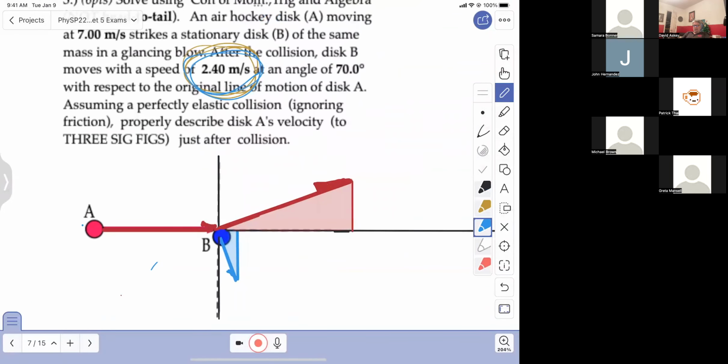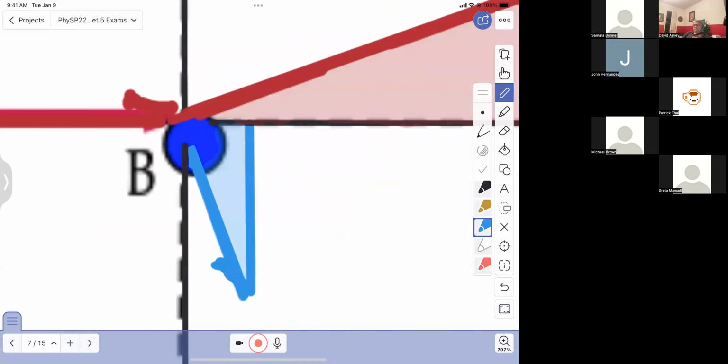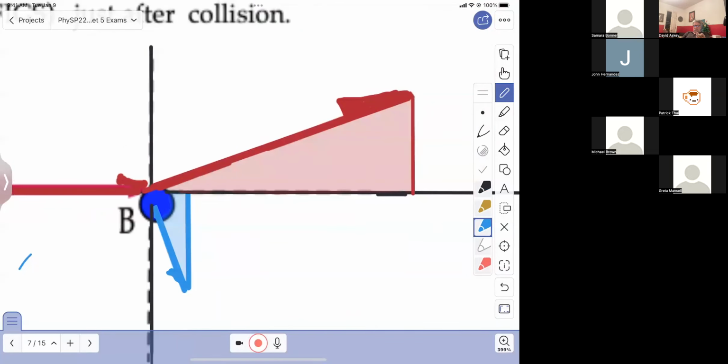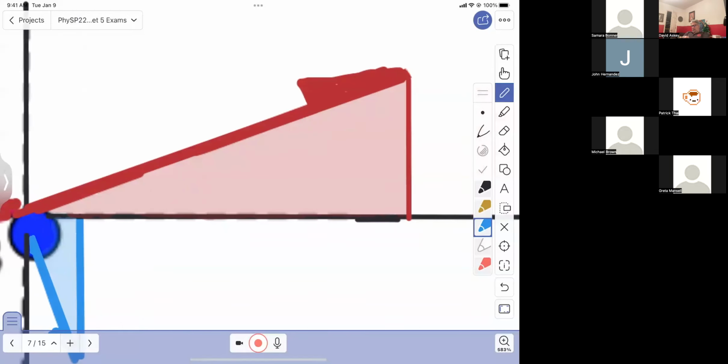It's going to make it a lot easier. And that's 70 degrees. The blue triangle comes off from the direction of motion at 70 degrees. Well, obviously, we said that these angles are complementary. So this right here must be 20 degrees, because they're complementary only in this shortcut situation.